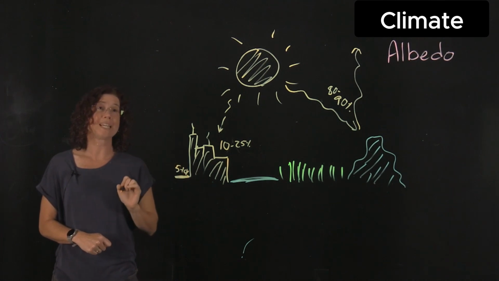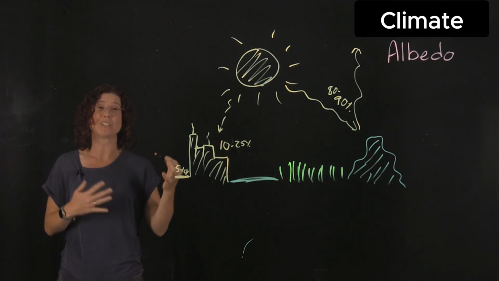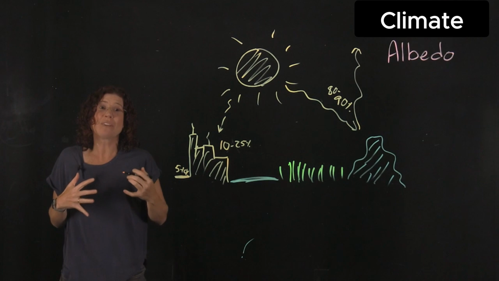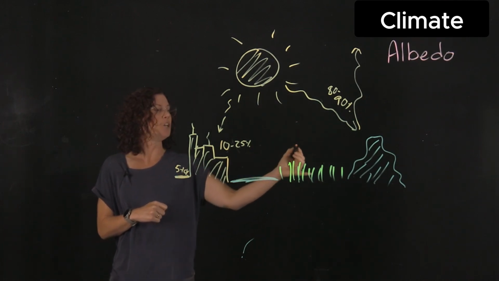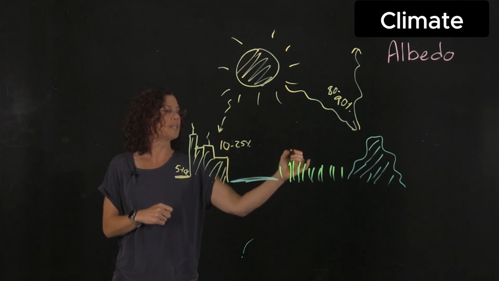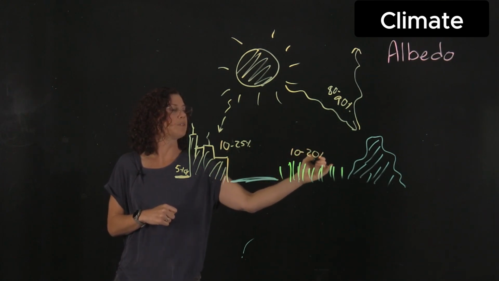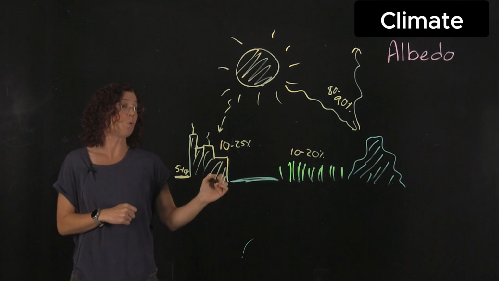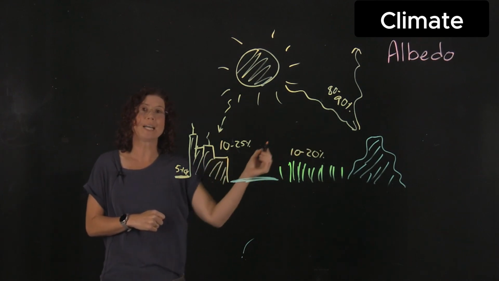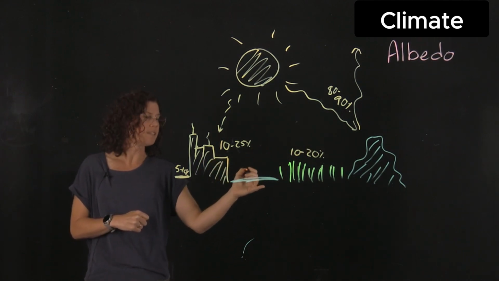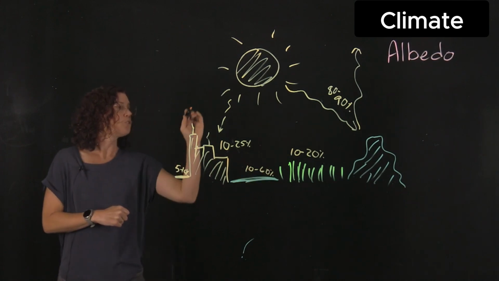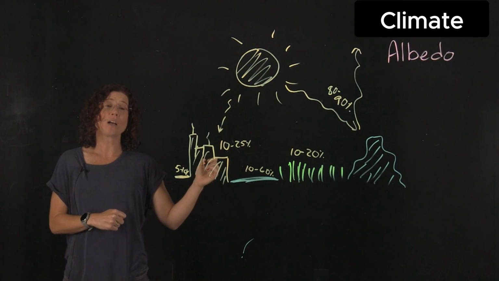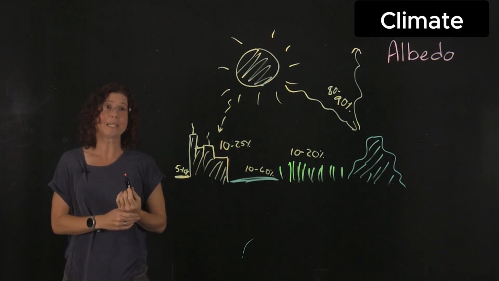Which is why when you walk on asphalt on a hot sunny day, you can feel that it's a lot hotter than if you're walking over our grassland, which is going to be closer to, let's say, 10 to 20% albedo, which is still quite a bit lower, note, than our ice and our water, which is going to depend a bit somewhere between 10 to 60%. So we have different land surface covers that are going to have different albedos.